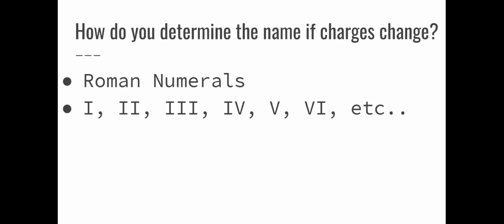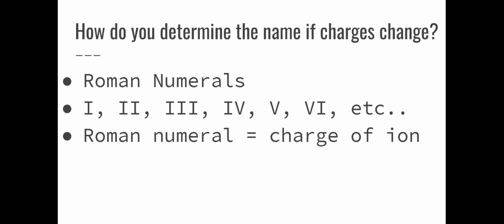Now this list says 5, 6, etc. In my limited experience, I can't really imagine a situation where a cation would want to give away any more than 4 electrons. So I don't think we're ever going to see a Roman numeral 5 or Roman numeral 6 or etc. situation. I think at most we would see a Roman numeral 4.